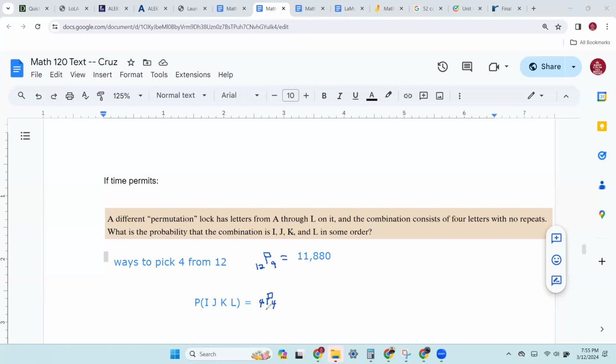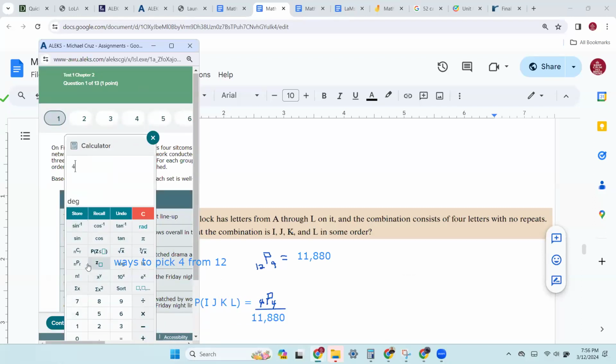So we're picking 4 from 4 permutations. And then the denominator is this right here, the 11,880. All right. So let's do that on the calculator.